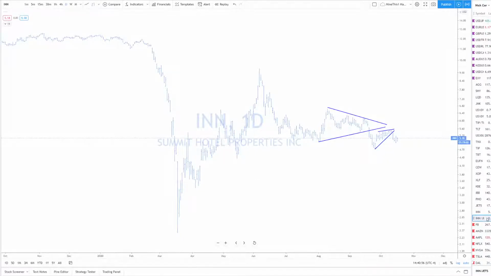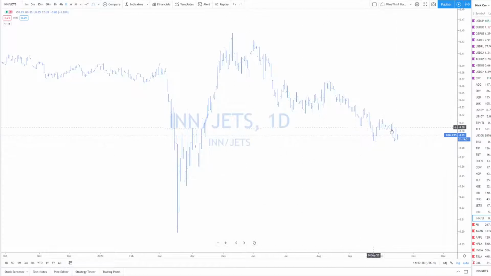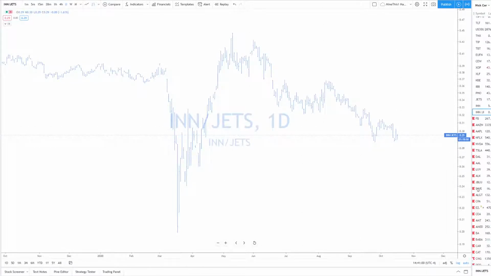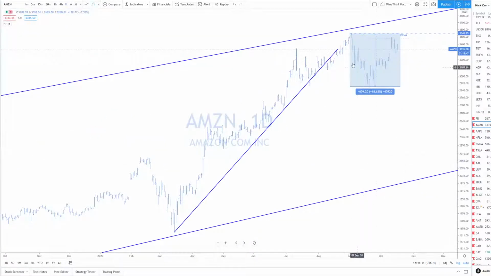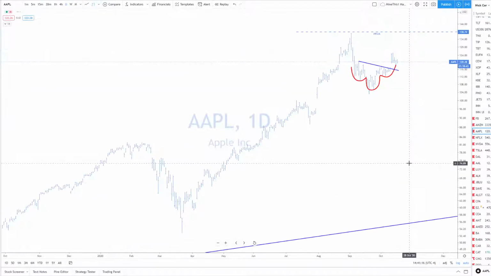No follow through. Hotels versus Jets. Hotels are underperforming. Let's look at Facebook. We had a megaphone structure. It's at the bottom of the bear flag. We're looking for downside. Amazon bounced off the top, pulling back. Apple broke out, came back.